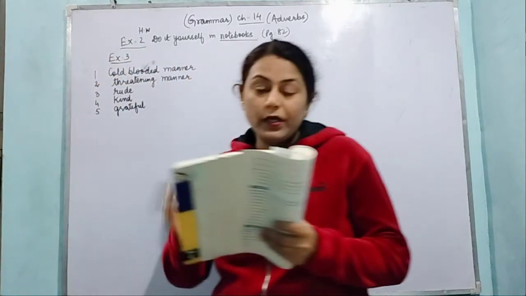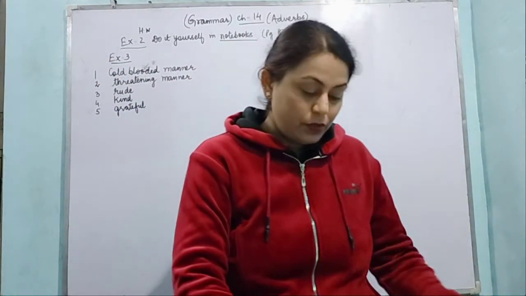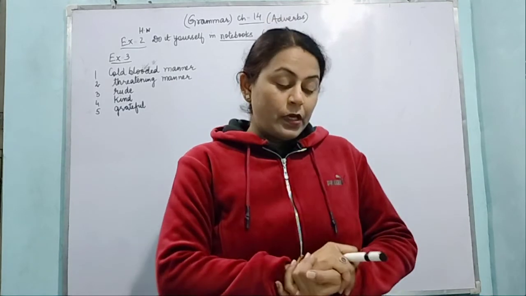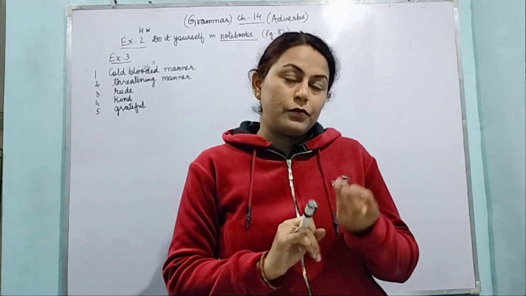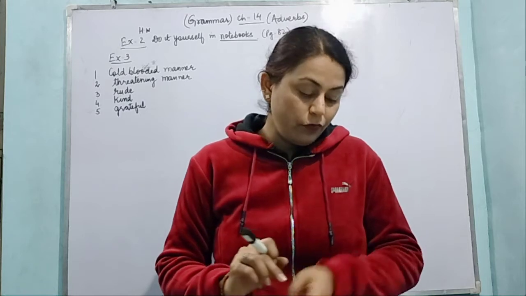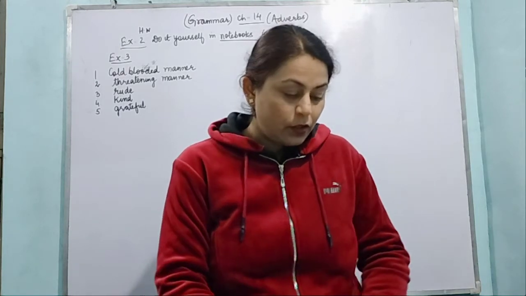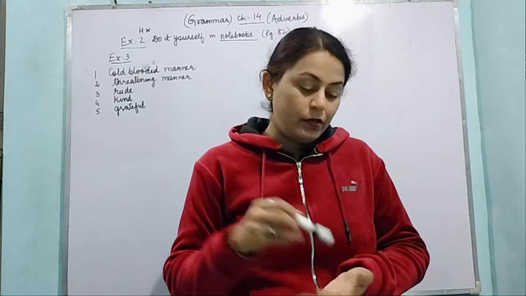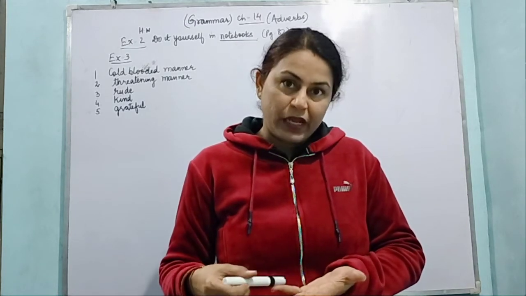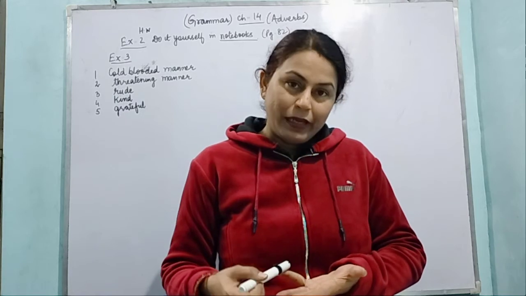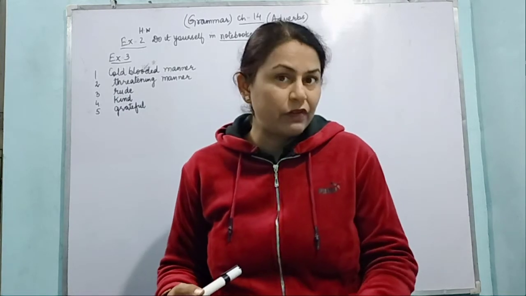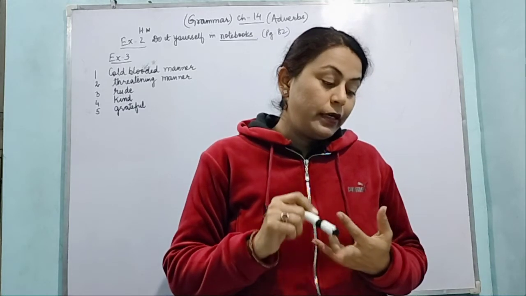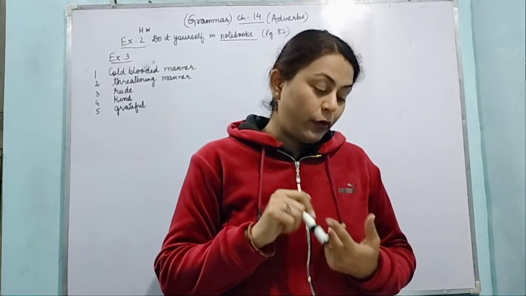So now we come to the kinds of adverbs. So do you know how many kinds of adverbs are there? Adverbs of quality, adverbs of quantity, adverbs of, okay, here they have given you in a different manner. They have given you adverbs of manner, place, time, frequency, certainty, degree, reason, interrogative and relative.